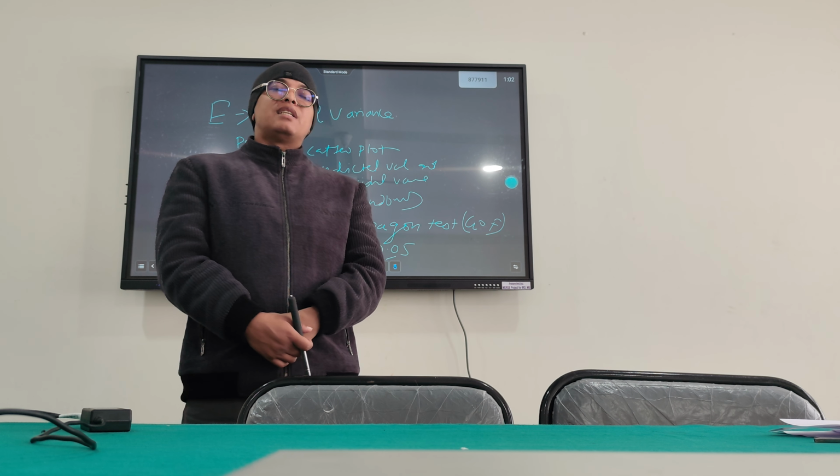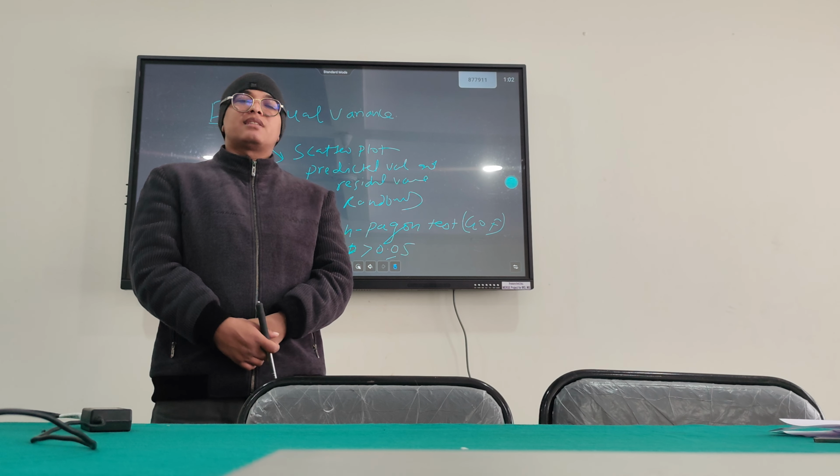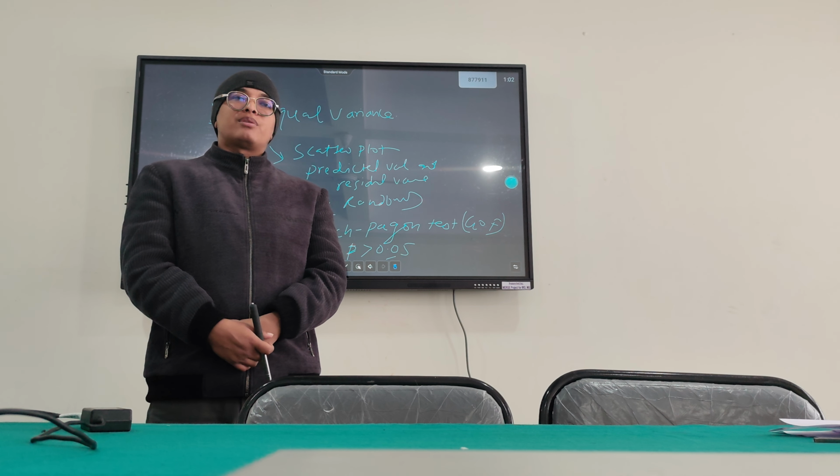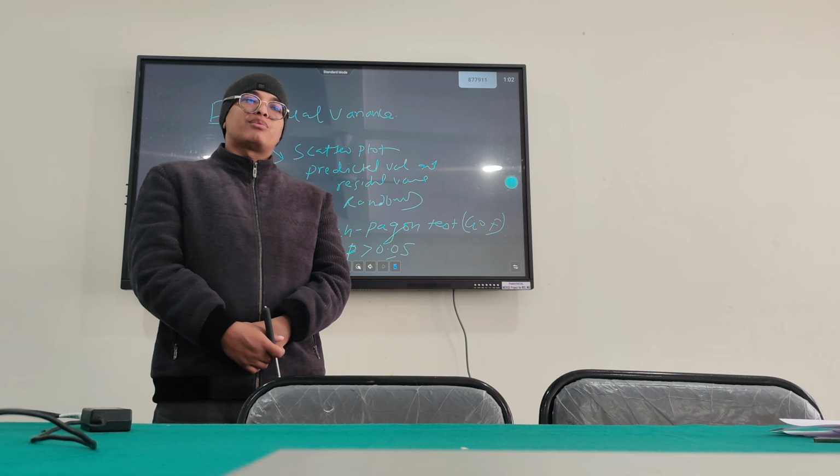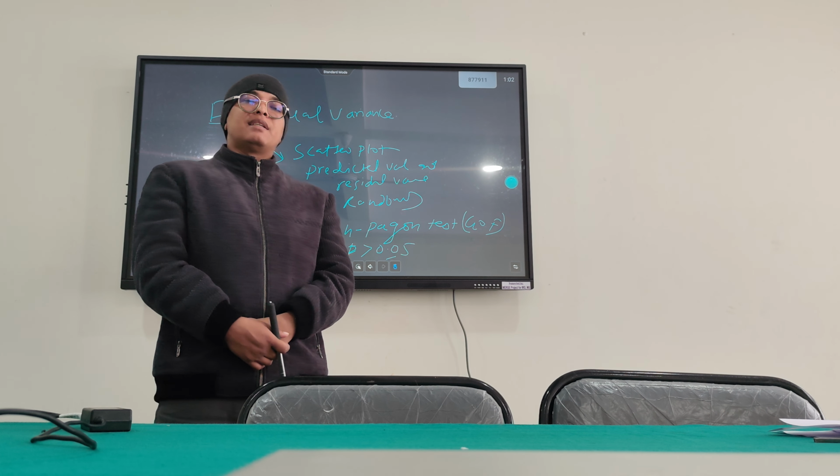Then the N test, that is normality. We have done this many times. For normality, check the distribution through histogram and QQ plot diagonal. If that is not satisfying, the statistical test is the Shapiro-Wilk test. If the p-value is more than 0.05, normality is confirmed. Then go for equal variance.